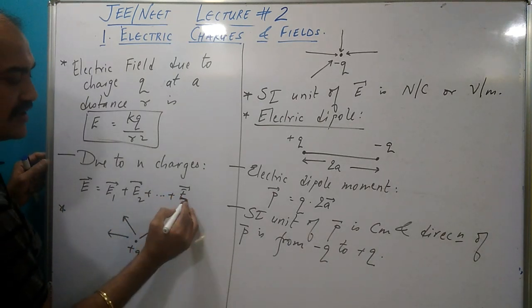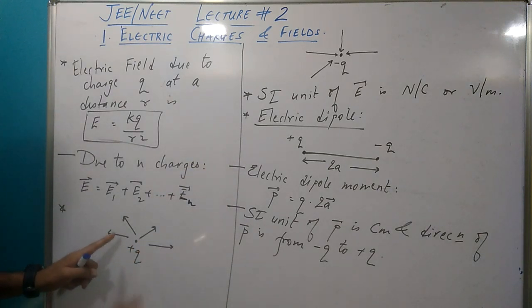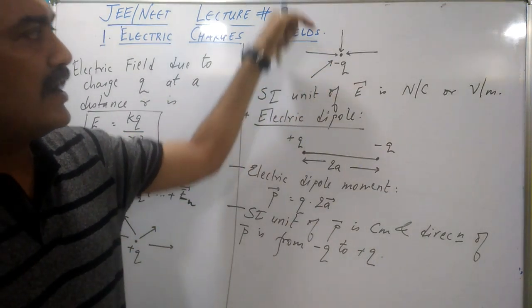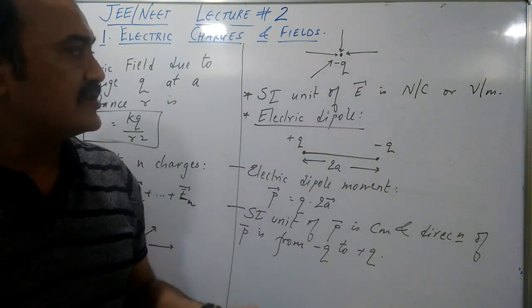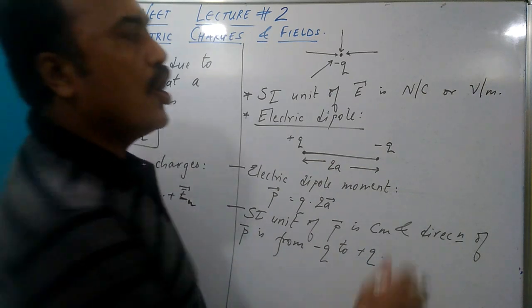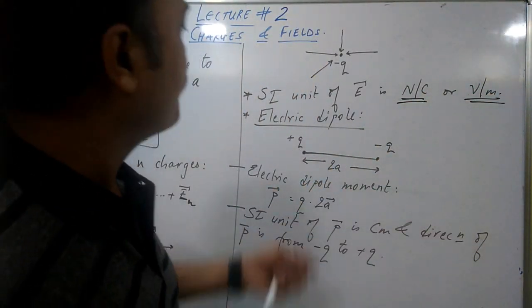So if there are n charges, it is En bar. If there is a positive charge, the electric field will come radially outwards. If it's a negative charge, you will see the electric field moving radially inwards. The SI unit of electric field is Newton per Coulomb or volt per meter. Do not forget that any unit can be used.